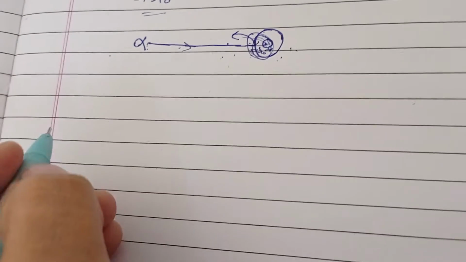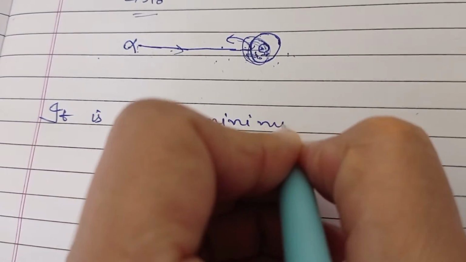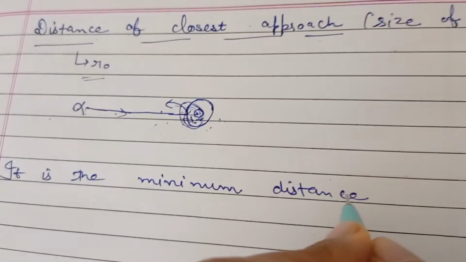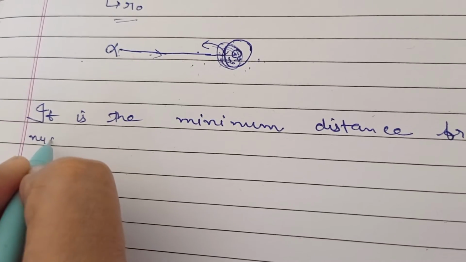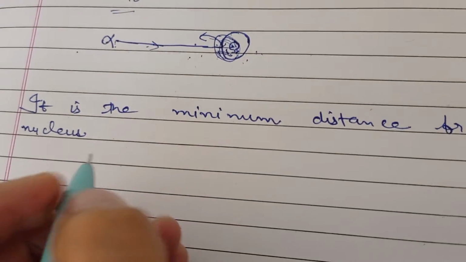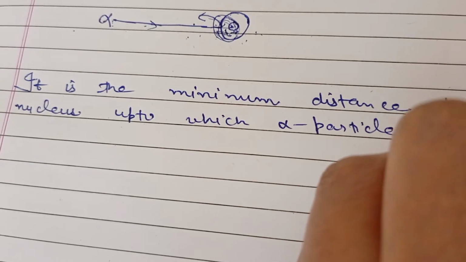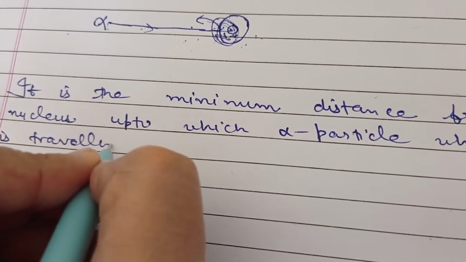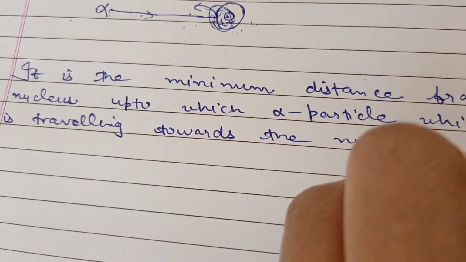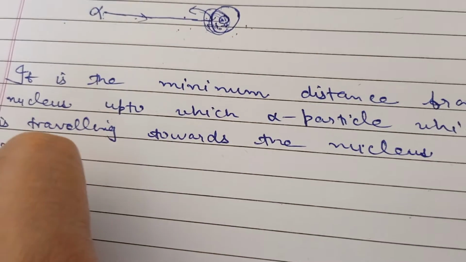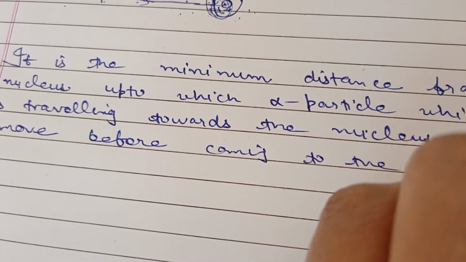You can write its definition. It is the minimum distance from the nucleus up to which an alpha particle traveling towards the nucleus can move before coming to rest.